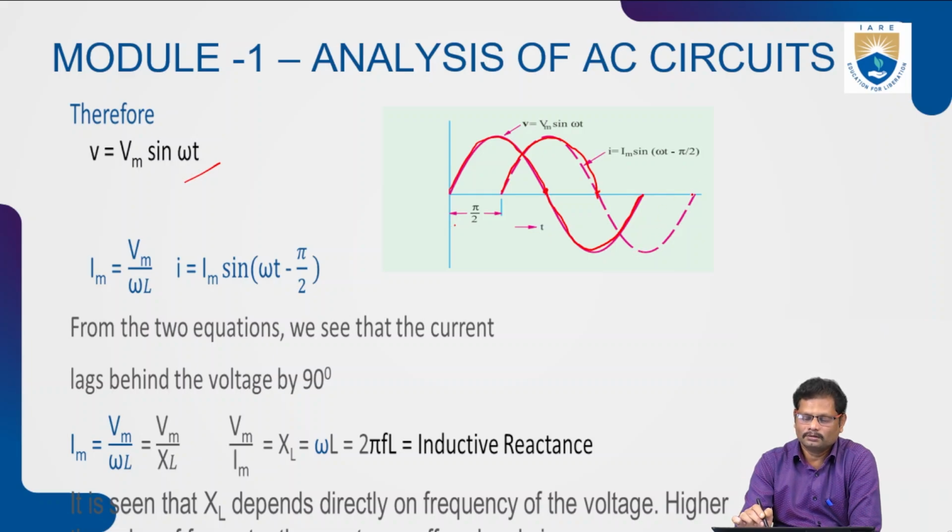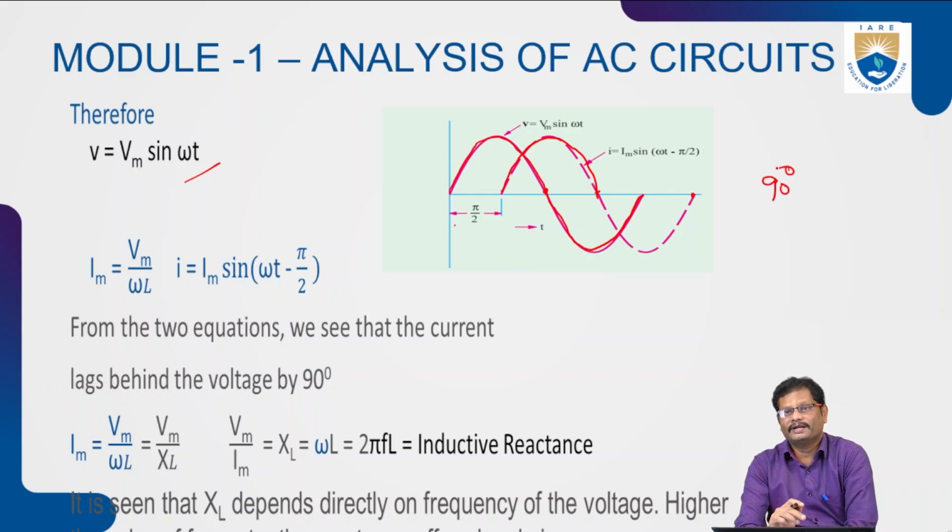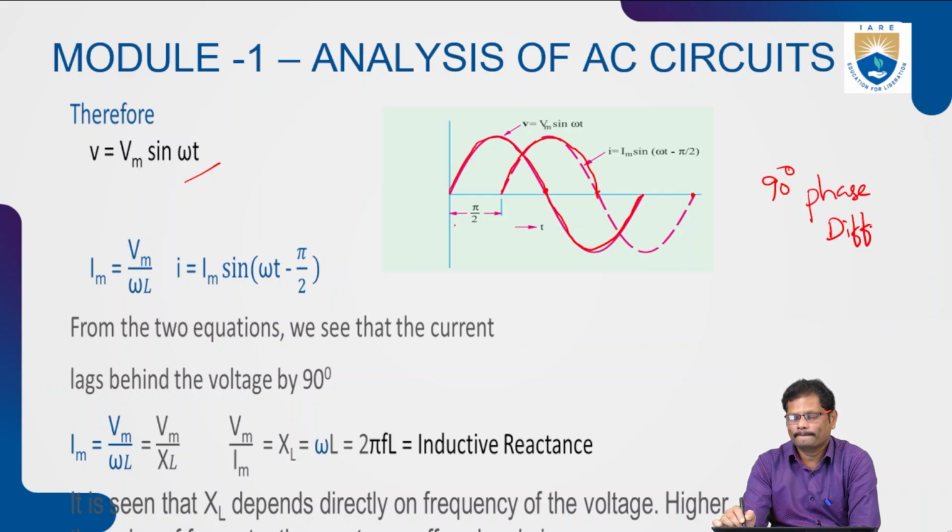Exactly after completion of voltage after 90 degrees or pi by 2 radians, it comes to 0. It means the phase difference between this voltage and current is exactly 90 degrees in a pure inductor.